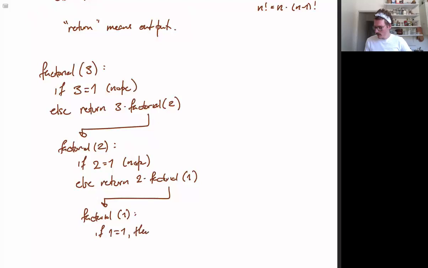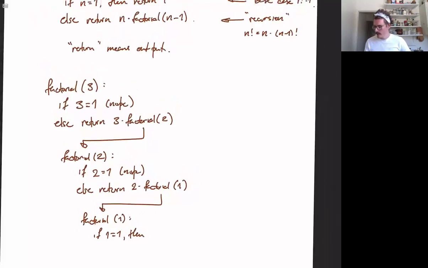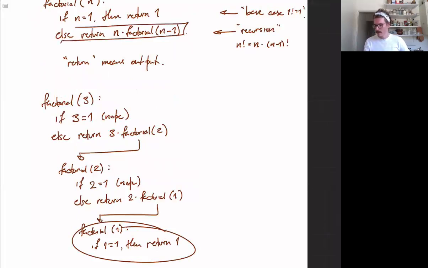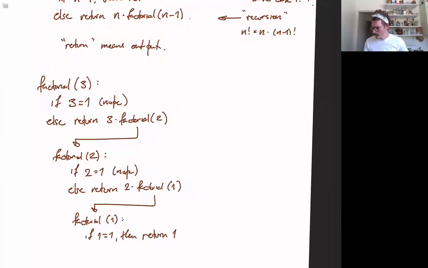So we've made it to the base case, and the way this program works now is that we return 1, and that finishes this program, so we don't make it to the next step. So when you return, it finishes there, and that is the output.